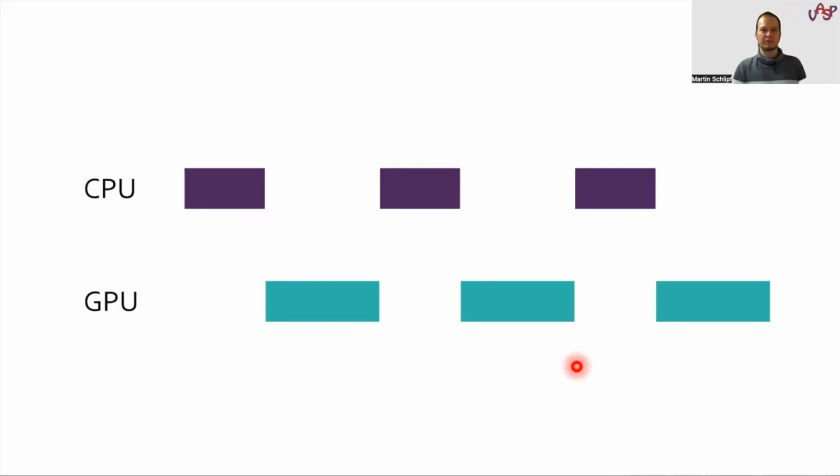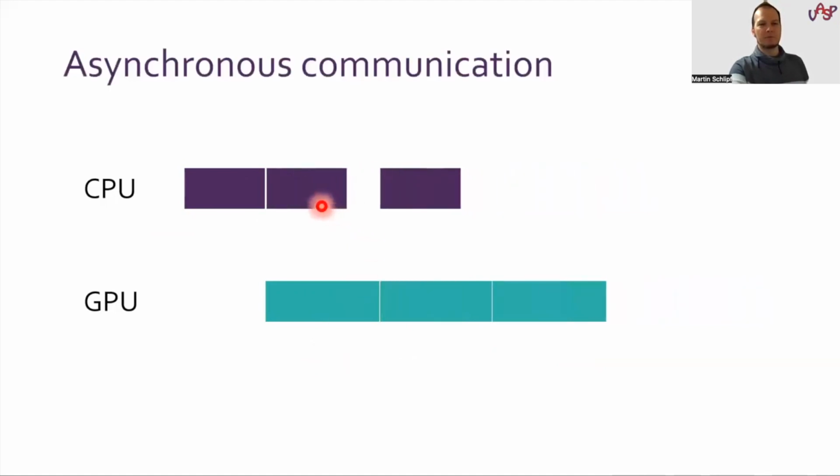Often in DFT, we want to do a lot of things that are more or less independent. We want to calculate multiple bands, and if you want to apply the potential to one band, we don't care about the other band at that stage. So essentially we can prepare the second band before we send it to the GPU to perform some operation on it. If you do this kind of asynchronous pattern, you can use the GPU better.